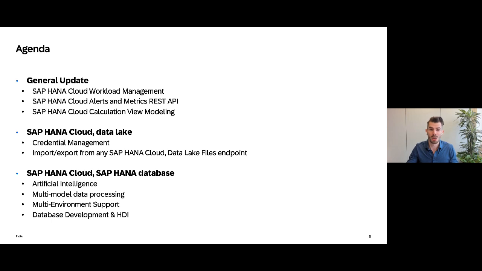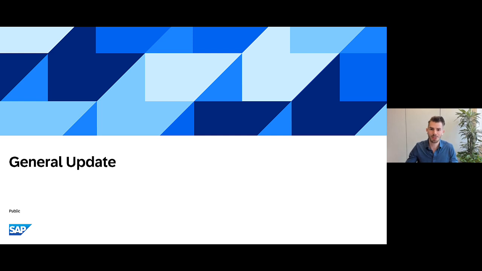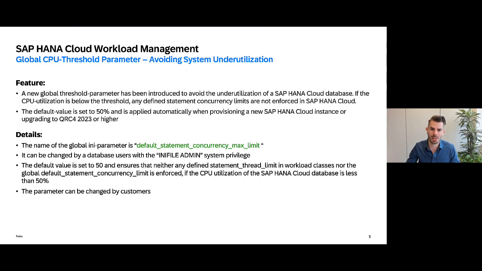We will talk more about the enhancements in the area of multi-model data processing, followed by enhancements with regards to our multi-environment support, sorry for that. And later, we will also take a look at database development and innovations in the area of HDI. Without further ado, let's directly jump into the first section, which is our general update.